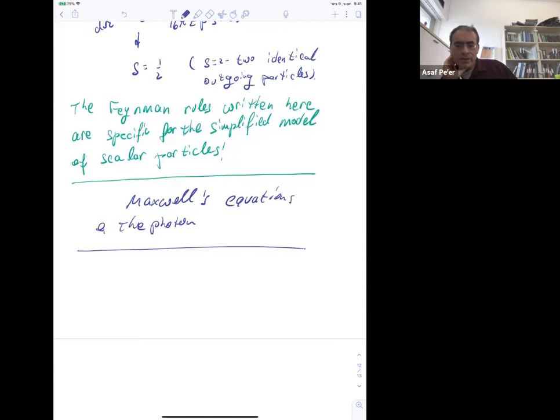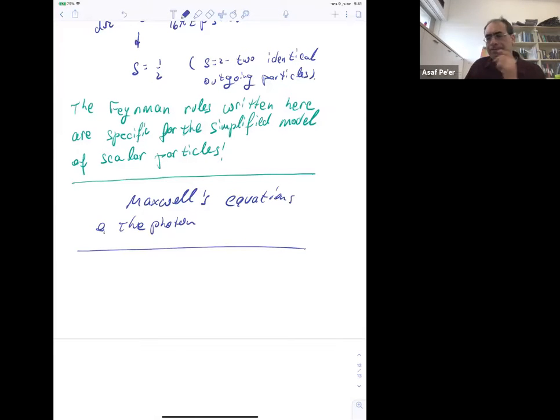Specifically, what we're doing now is called quantum electrodynamics, which is the quantum field theory of electromagnetism. That means that this is a way of merging classical electromagnetism with quantum mechanics. And in this theory, as I already told you, the photon becomes pretty important.